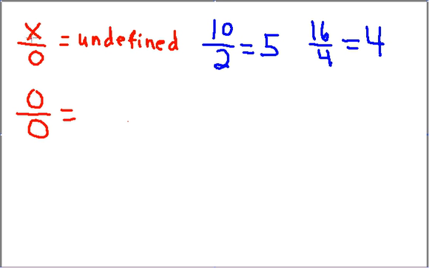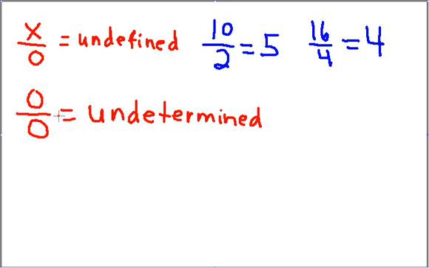So up here we have x over 0 being undefined. And then what we have down here is 0 divided by 0 is undetermined. In other words, you can't determine the exact answers because there are an infinite number of answers. Any number over here will work as an answer.